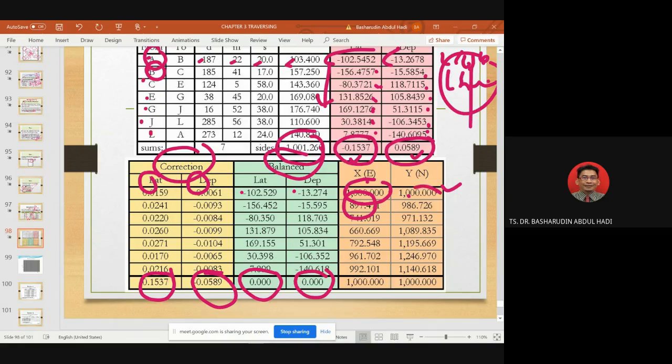Get this one, they get the C coordinate. Get this one. Okay, they get A, B, C, D, should be D, the D coordinate. You get this one, and then this one, we call it J. It's okay, no problem. And so on until you get J, K, and L.